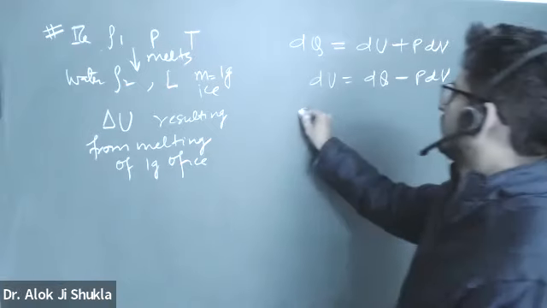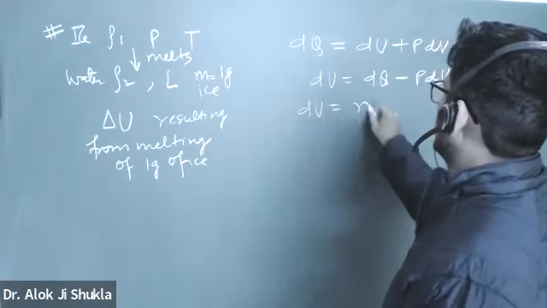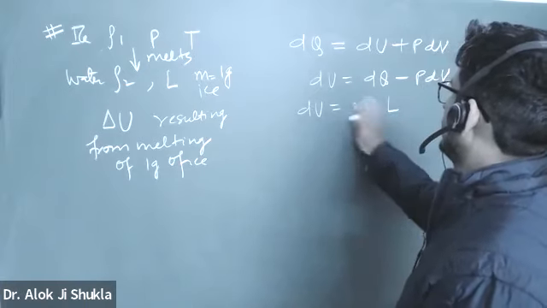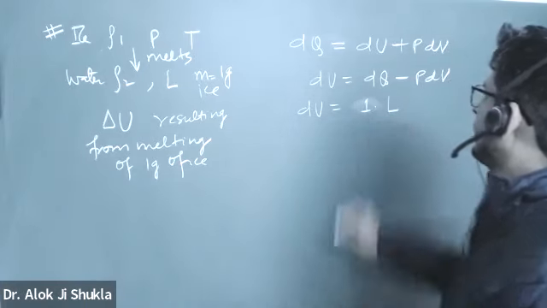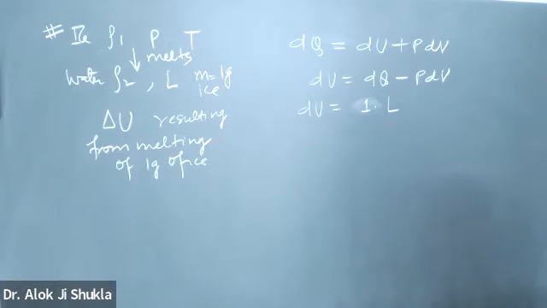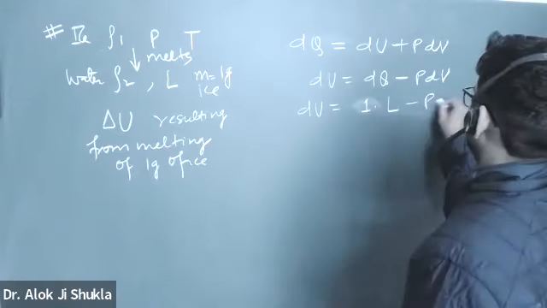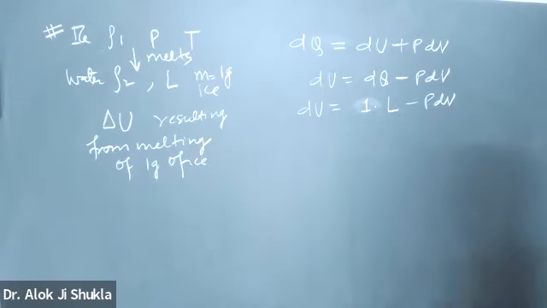So dU is mL, which is 1 into L, minus PdV. Are you getting it?